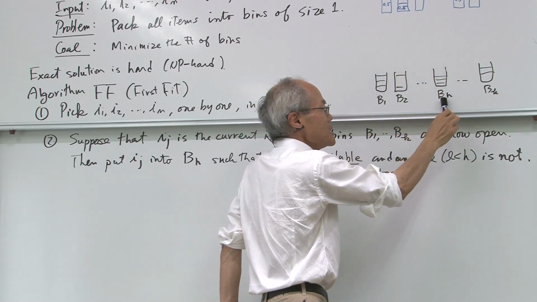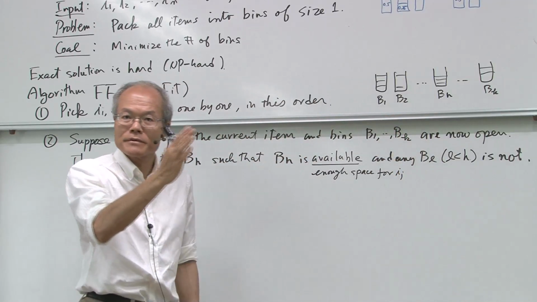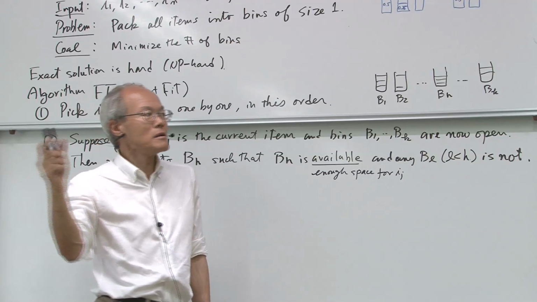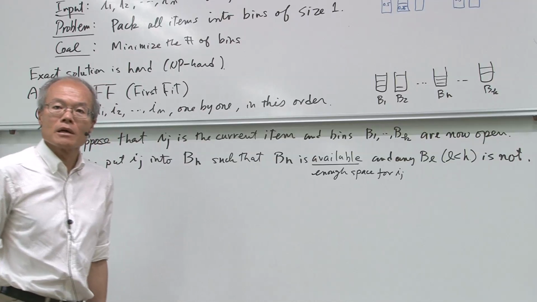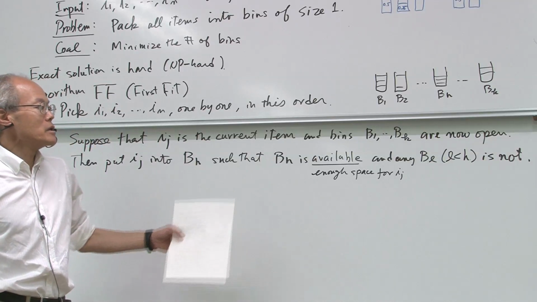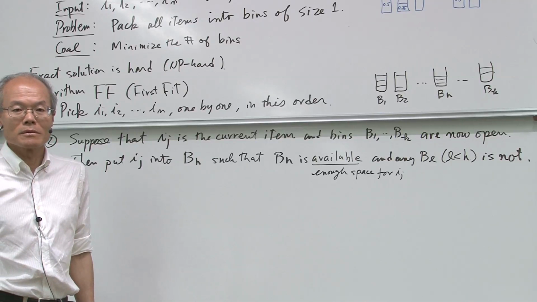That means BH, looking from left to right, is the first bin which can accommodate the current item IJ. That is our algorithm.